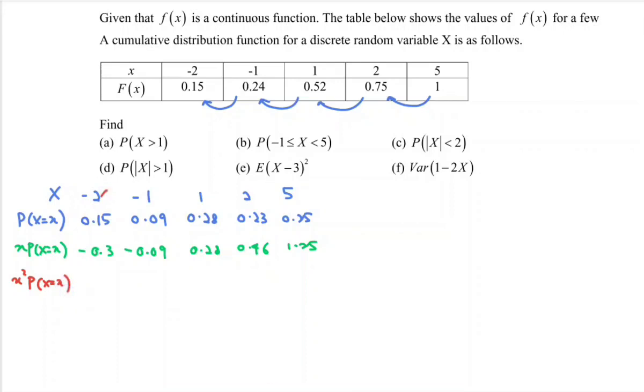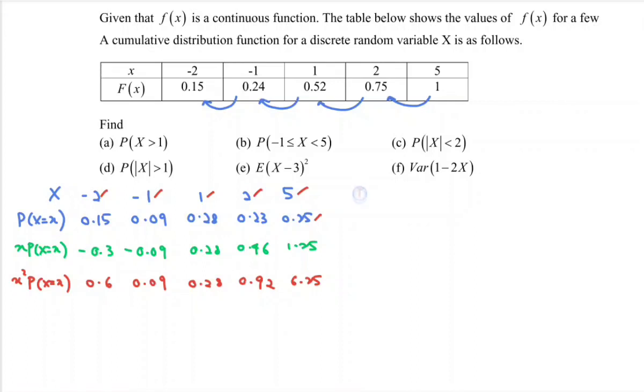So square this part and we will have 4 multiplied with 0.15, then we will have 0.6. Square this part and we will have 0.09. Square this part and we will have 0.28. Square this part and we will have 4, then multiply with 0.23 and we have 0.92. Square this part and we will have 25, then multiply with 0.25 and we will have 6.25.